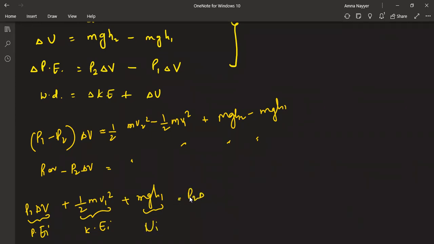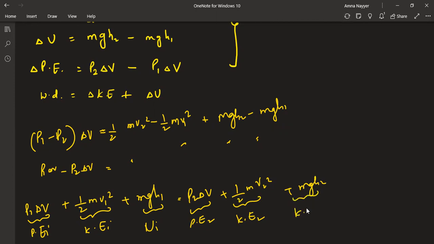Then P2 delta V is the final pressure energy, plus half mv2 square is the final kinetic energy, plus mgh2.